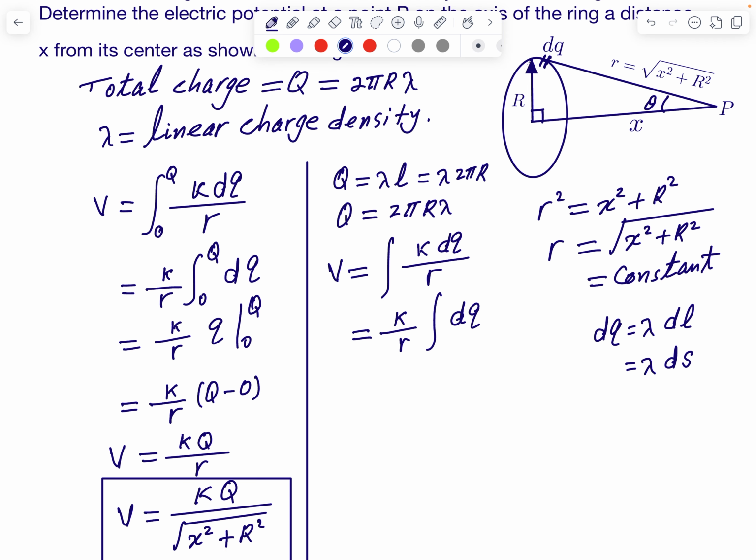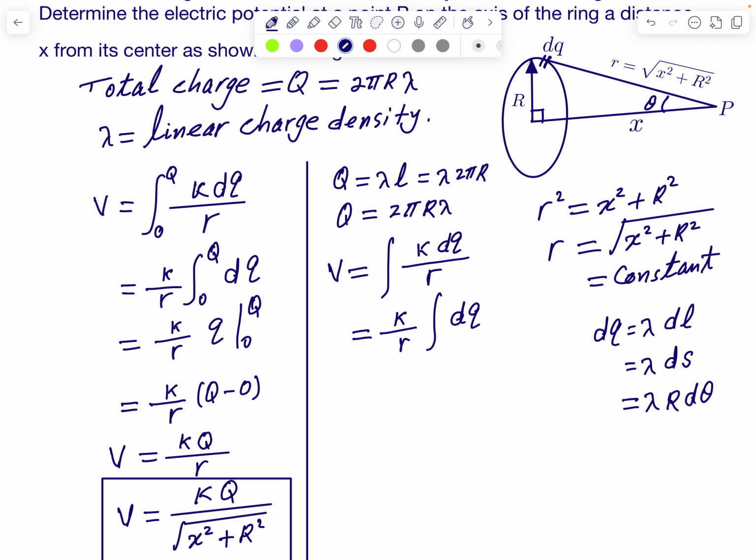A small curvature on the ring is going to be R d theta, because R is constant, but theta keeps changing from 0 all the way to the same point, which is 2 pi.